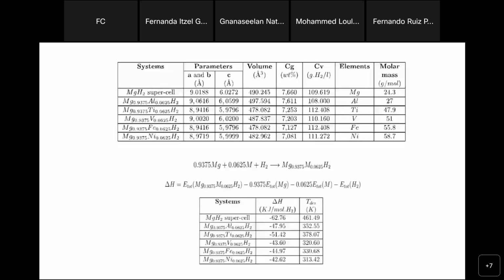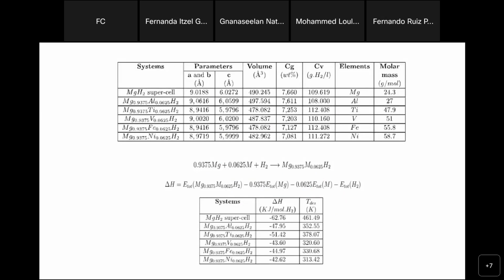All the thermodynamical quantities of interest are calculated and are drawn in those tables. In the first table, we can see that for the doped systems, the gravimetric and volumetric capacities remain high. They keep their values and they don't decrease significantly.